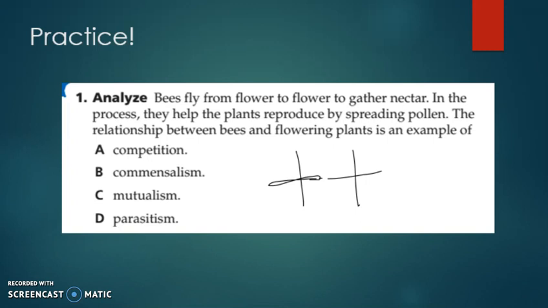So which relationship is plus-plus? You can probably narrow it down that it's not competition, and it's one of the symbiotic relationships, right? But most of the time kids get confused between commensalism and mutualism.